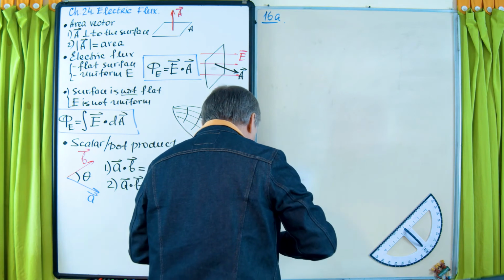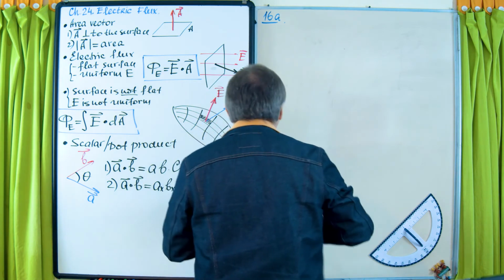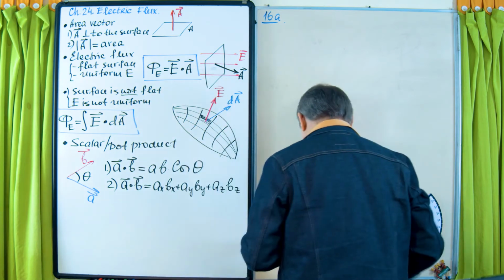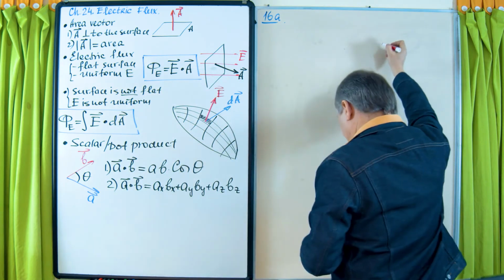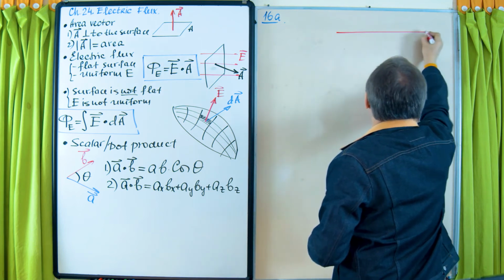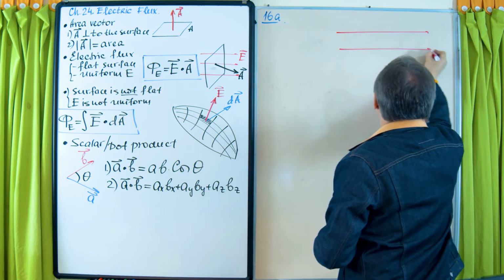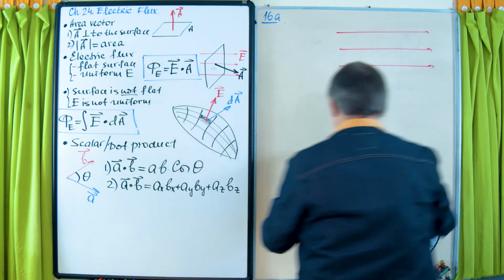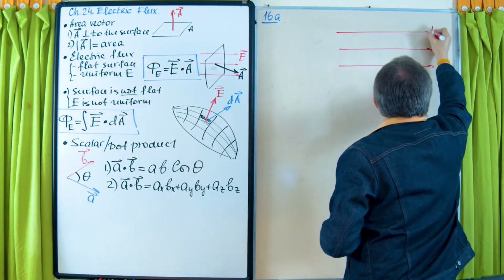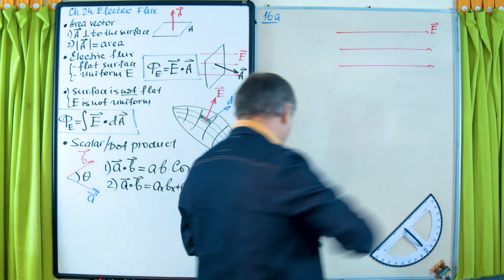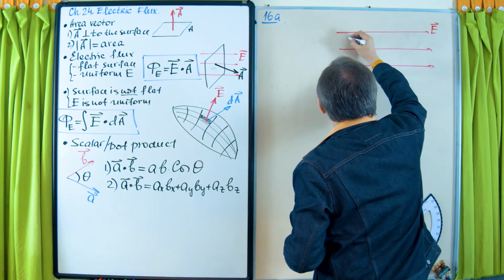Okay, let me again draw the picture. Uniform electric field. All right, I will probably draw it here. It should be enough, 3 lines. Then the cylinder. Let me draw it here.